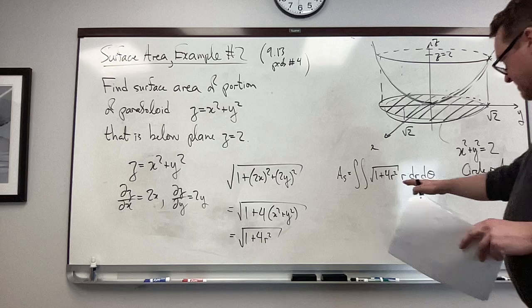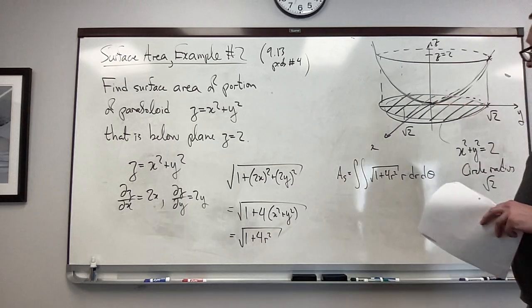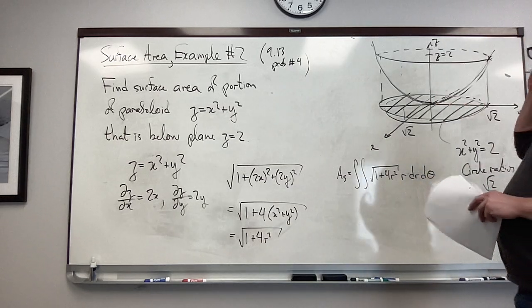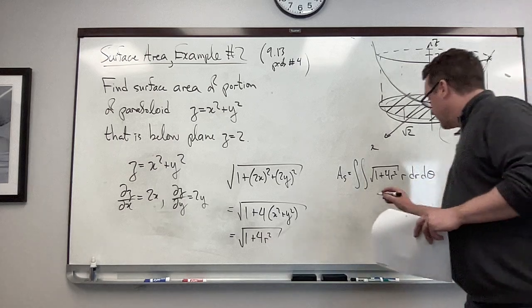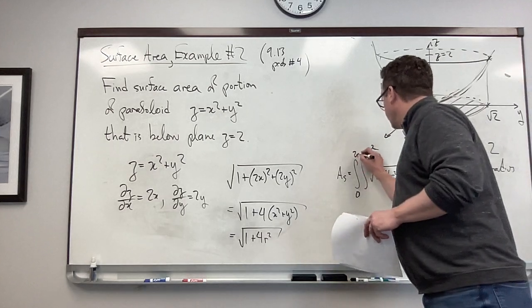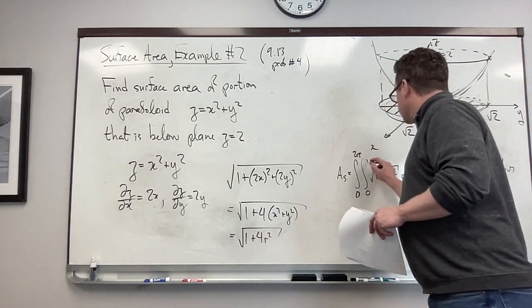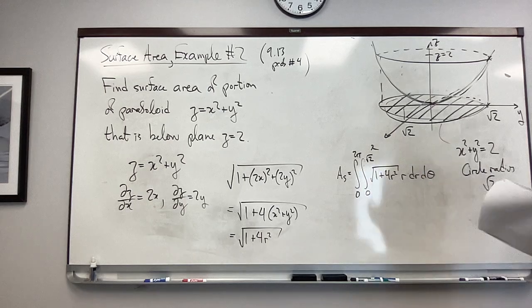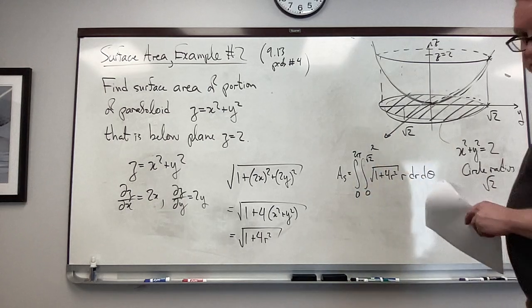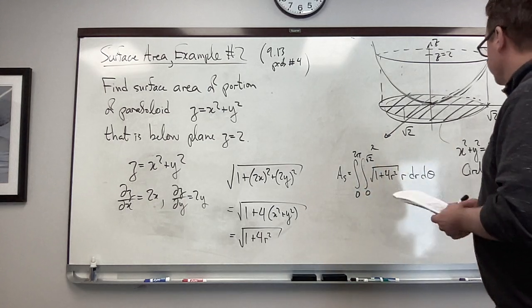So here's this, but I'm not done yet. I've got to decide what my limits in theta and r are. Here I'm integrating this entire circle, so the limits on theta are 0 to 2 pi, and the limits on r are 0 to the square root of 2. Just like a previous problem, this one's pretty simple. They separate right out.